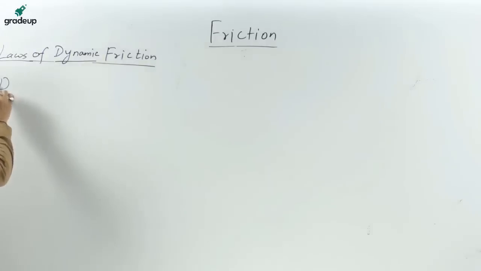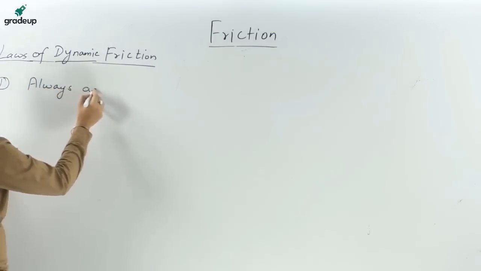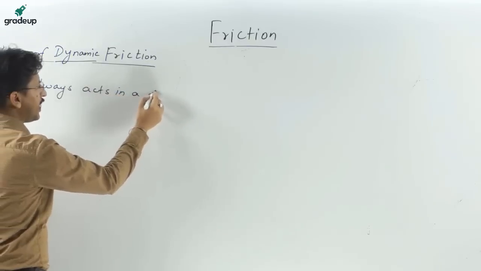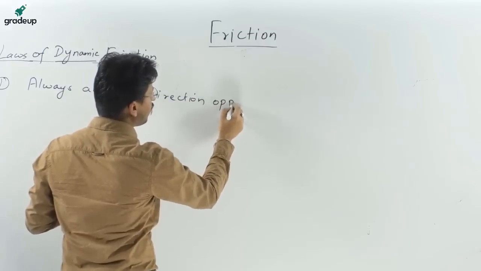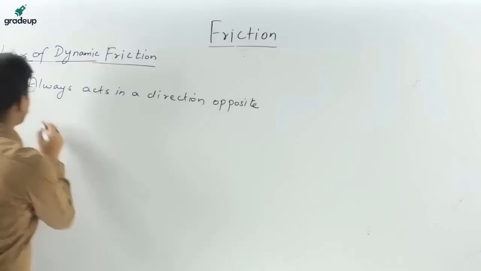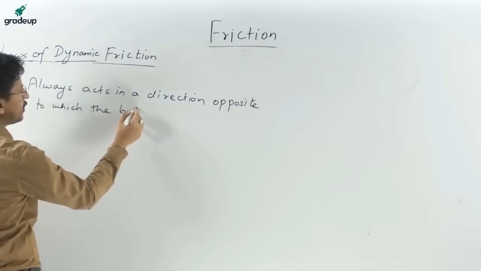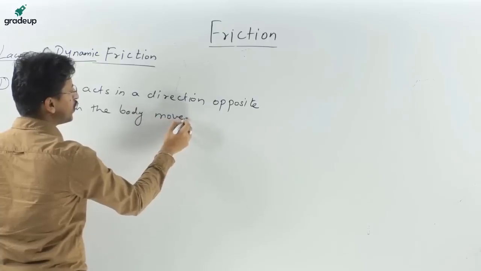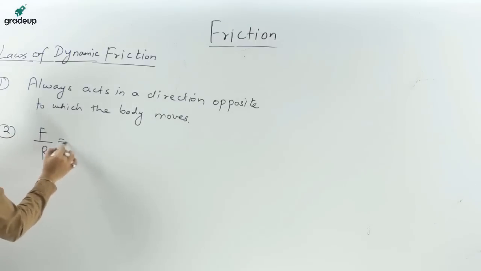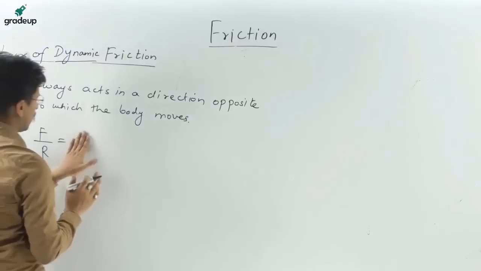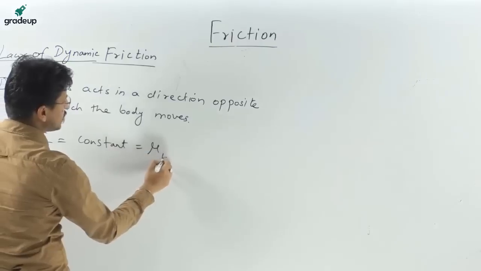The first one is the same: friction always acts in a direction opposite to which the body moves, not tends to move in this case, rather moves. And the ratio of F by R is equal to a constant, which in this case is given as mu kinetic.